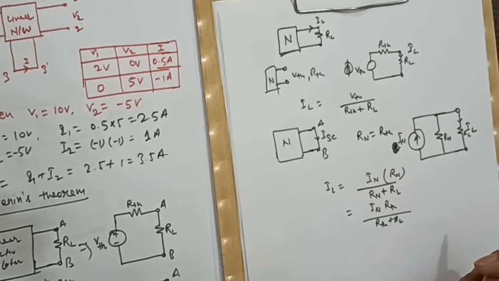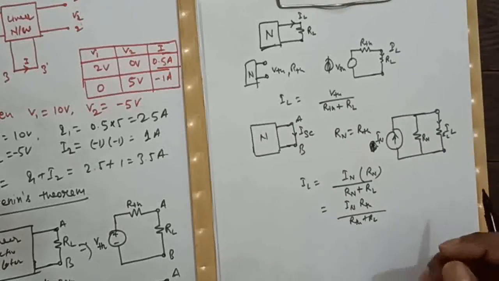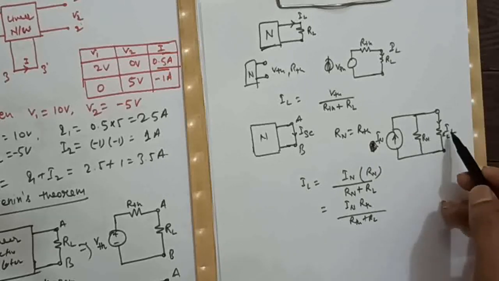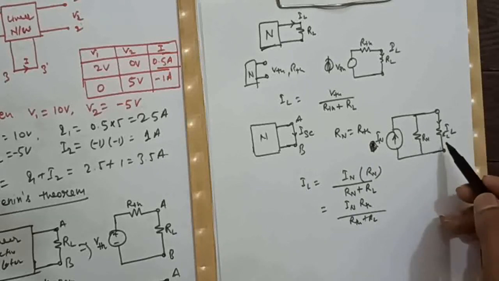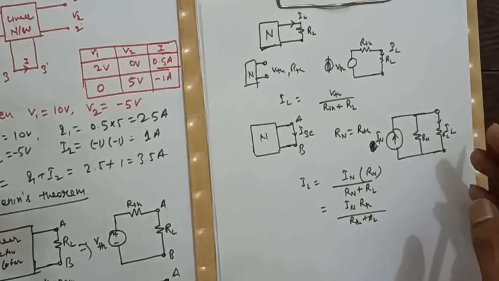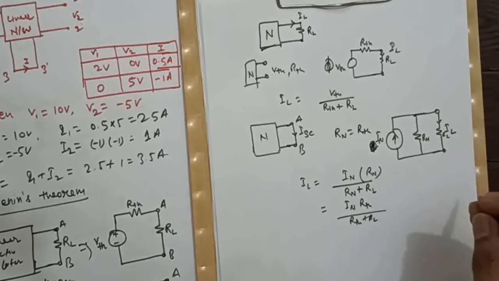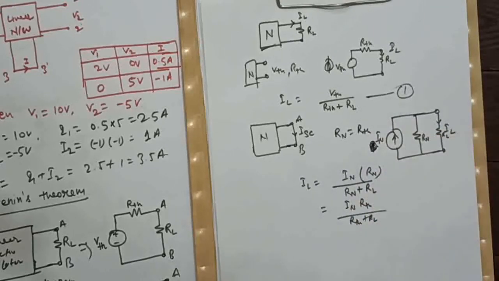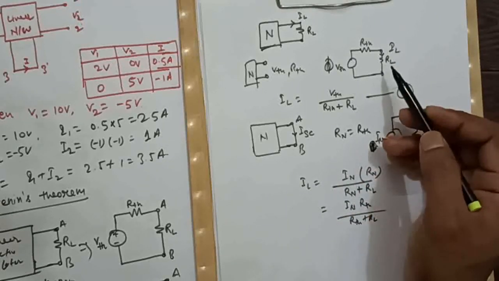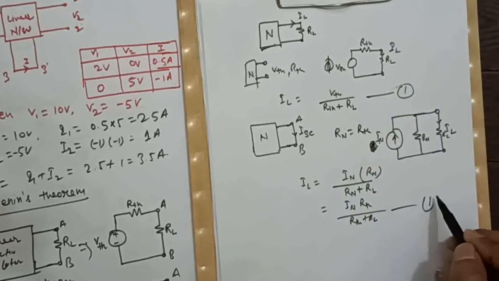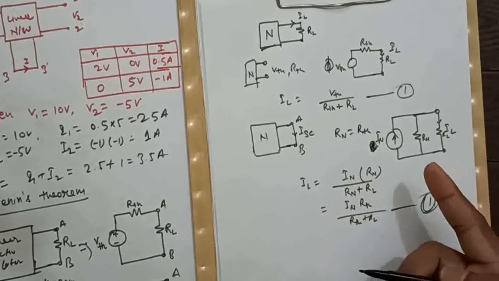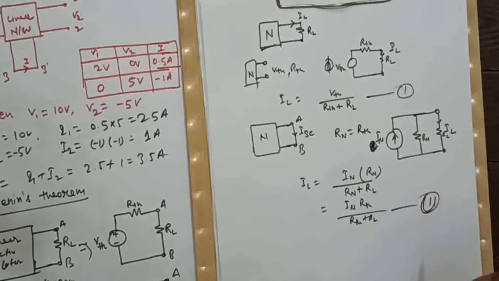Here we have to understand one thing, that whatever theorem is applied, the response through the load resistor or the targeted terminal will be the same, whether it is Thevenin's theorem or Norton's theorem. Now see, this is the load current we have calculated using Thevenin's theorem. This is the load current through the same resistor using Norton's theorem.